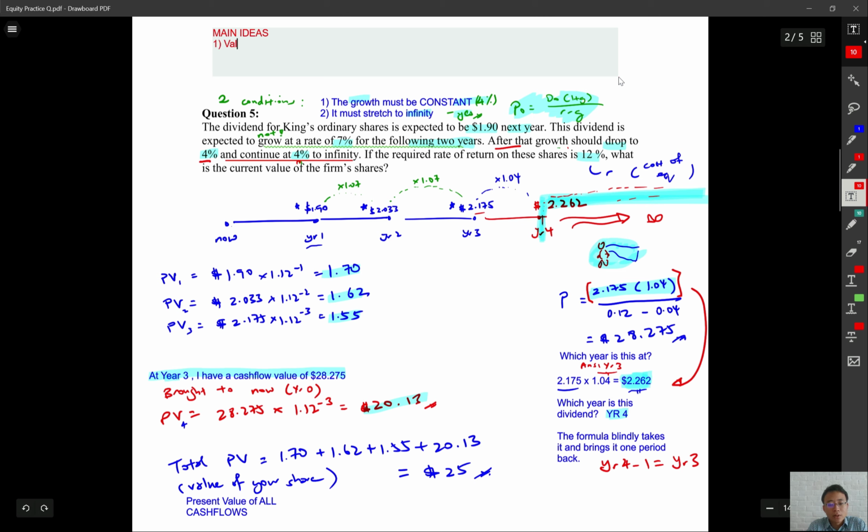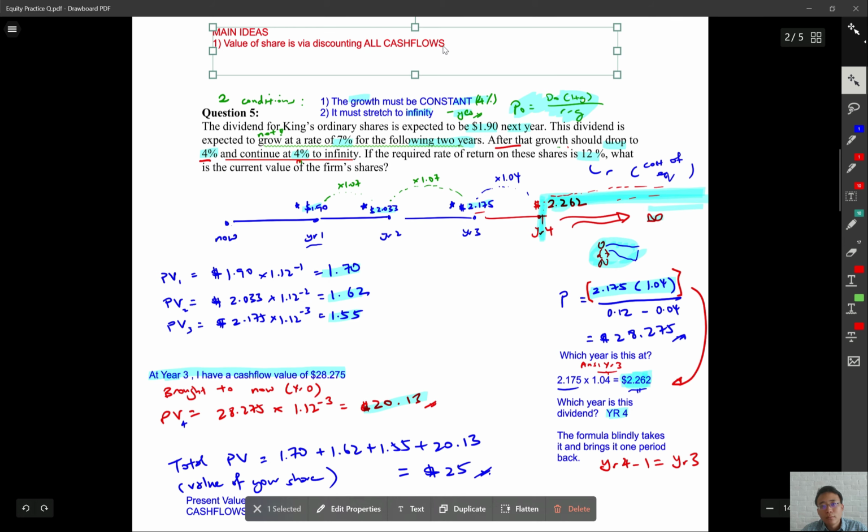Number 1, the value of a share is found by discounting all cash flows. I found this one, this one, this one, all the way to infinity. Boom, I found all of them, and I went to discount.